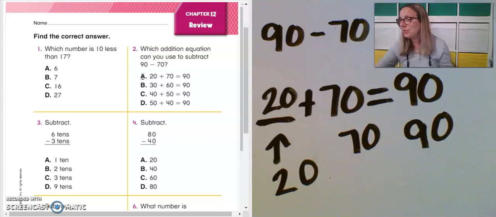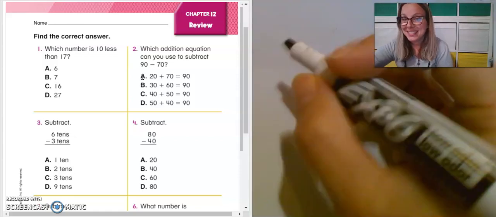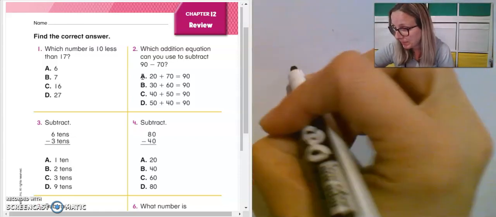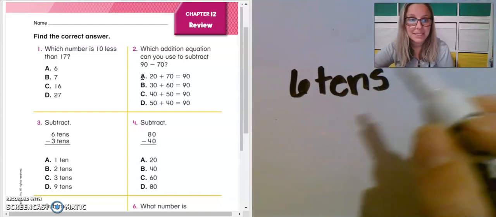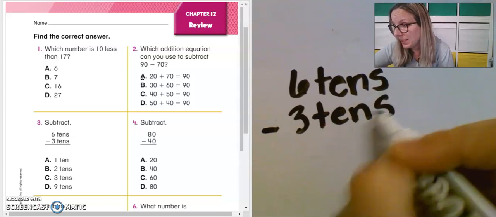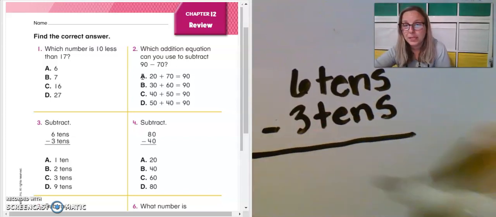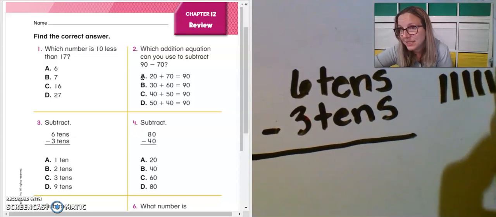Okay, moving down to number 3. Number 3 has 6 tens minus 3 tens. So what we can do is draw out 10, 20, 30, 40, 50, 60.